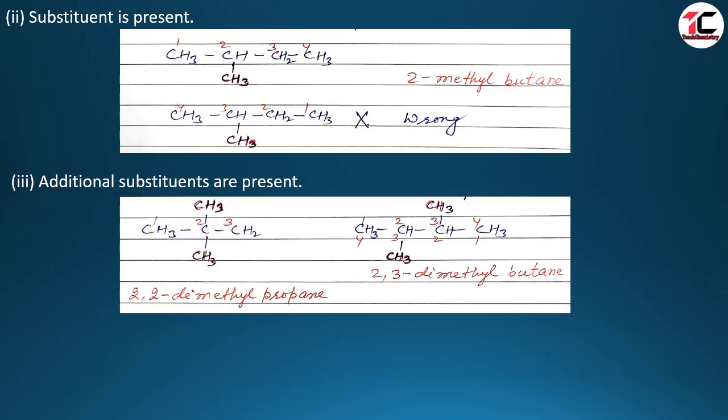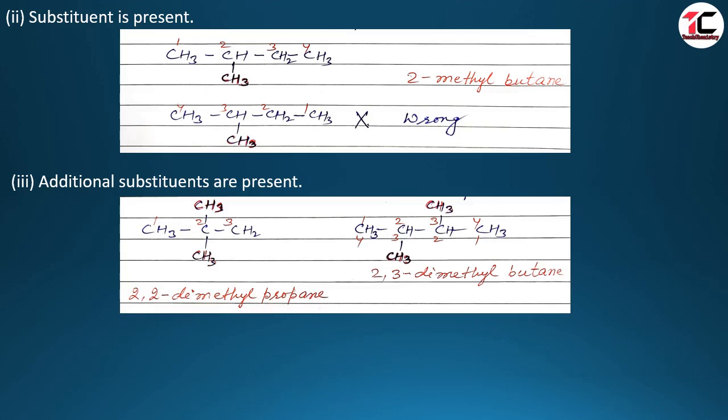Here are two methyl groups, so we will write 2,2, a comma between numbers, and a dash between number and word. So it becomes 2,2-dimethyl, as there are 2 methyls. As here is a chain of 3 carbon atoms, it is prop. Carbon-carbon single bond, so it is ane. Its name is 2,2-dimethylpropane.